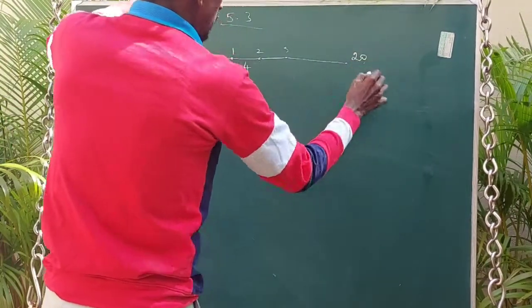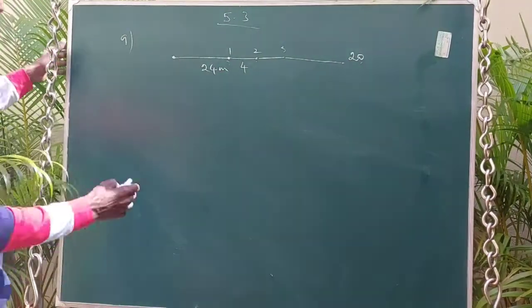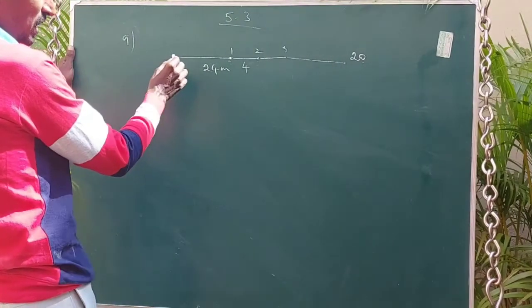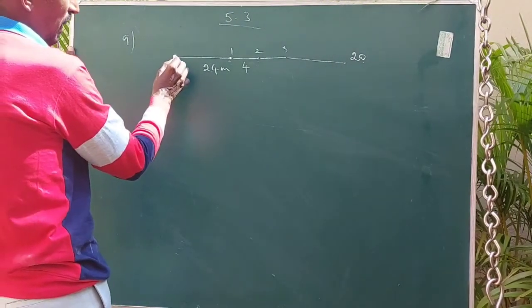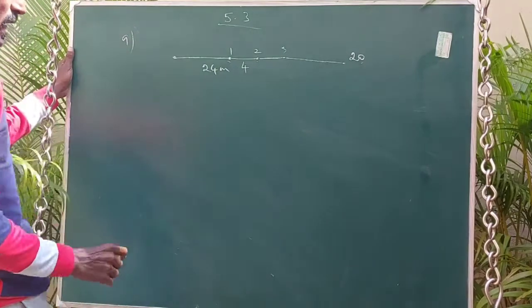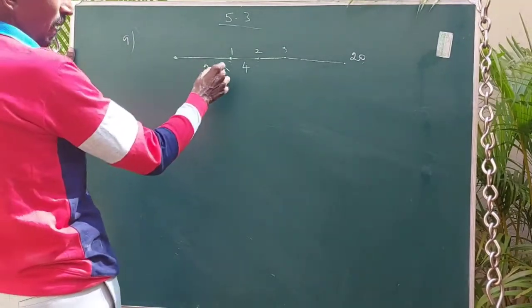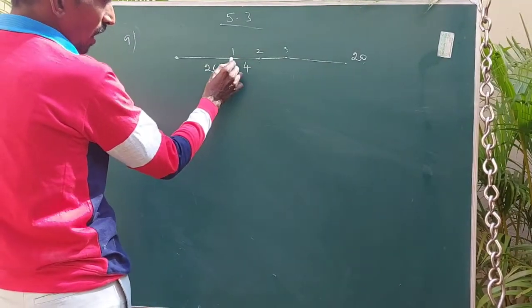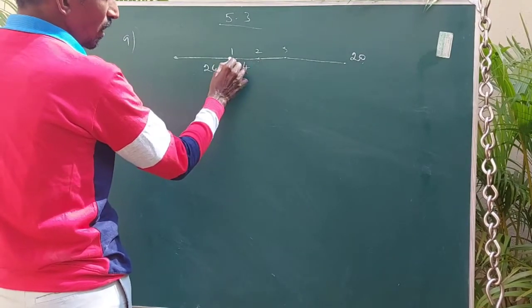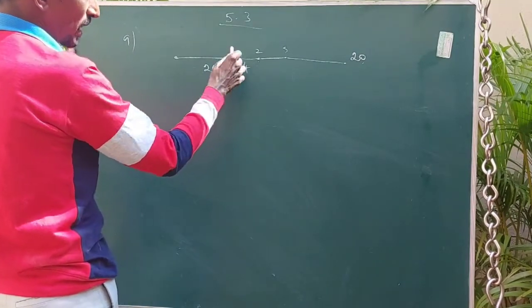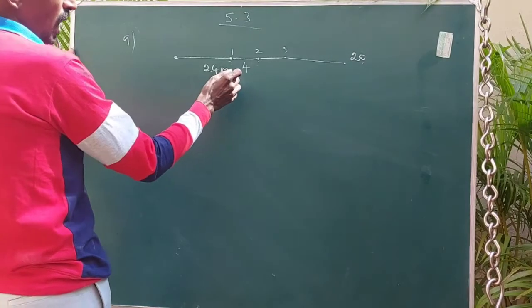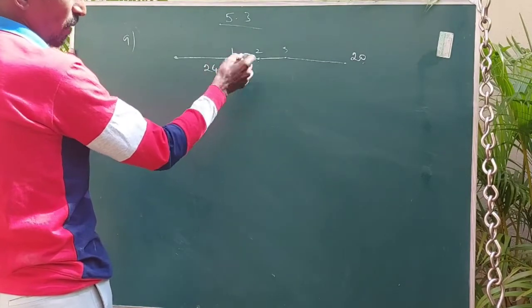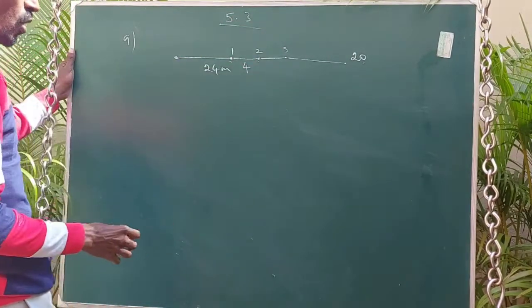So if he is taking the first ball, it takes 24 plus 24, 48 meters. For the second ball we simply add 4 plus 4, that is 8. So the second one is 48 plus 8, 56, and likewise it goes.